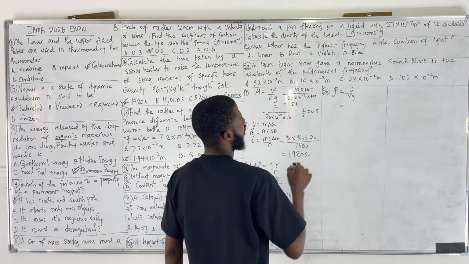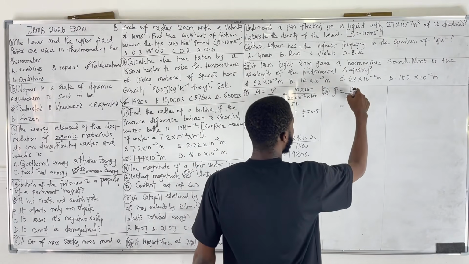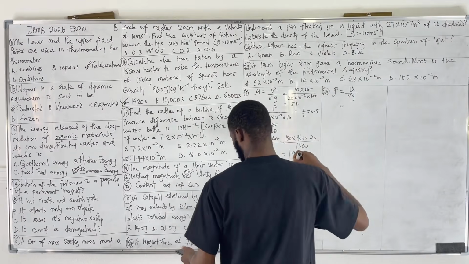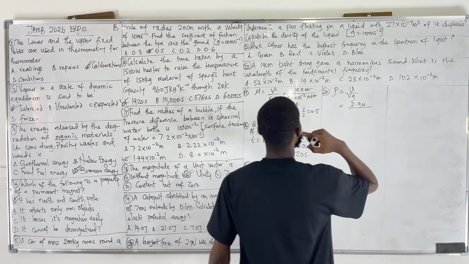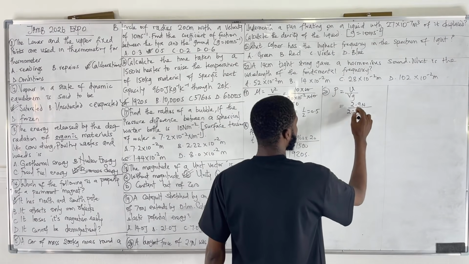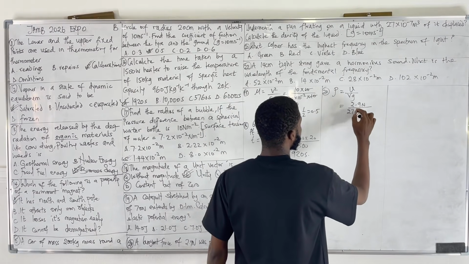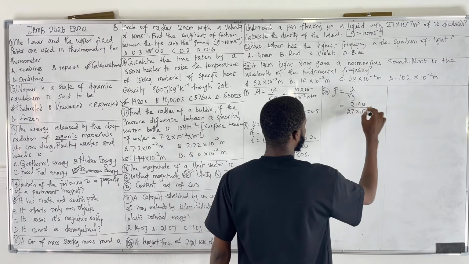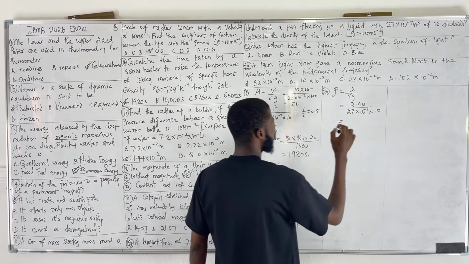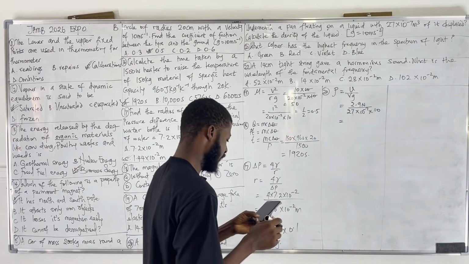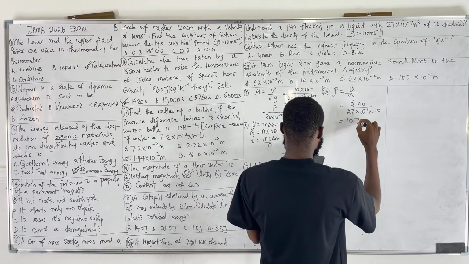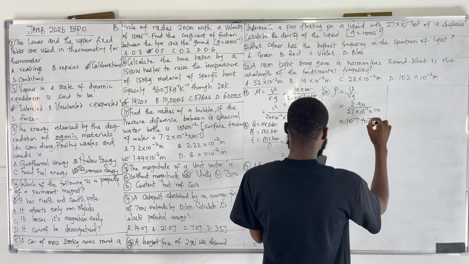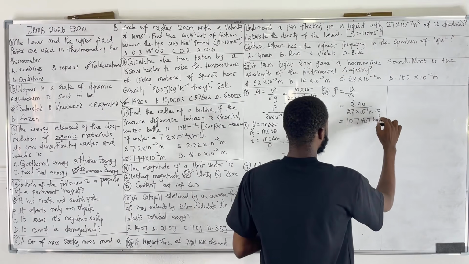Density. Now, our upthrust U was 2.9 Newton divided by volume, which is 27 times 10 to the minus 7. Then g is 10. Now, if you calculate that very value, you get 107,407 kilogram per meter cube.